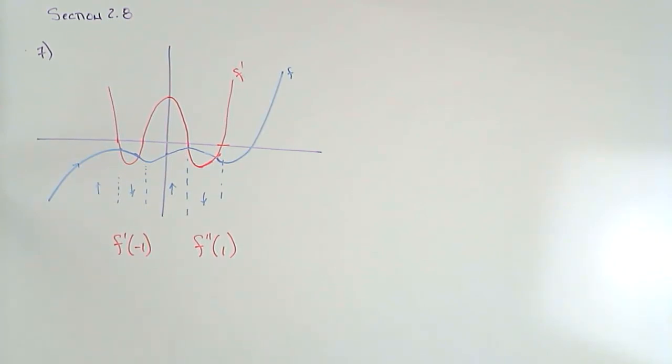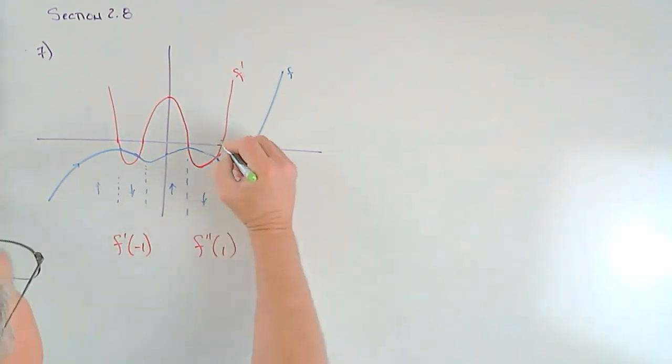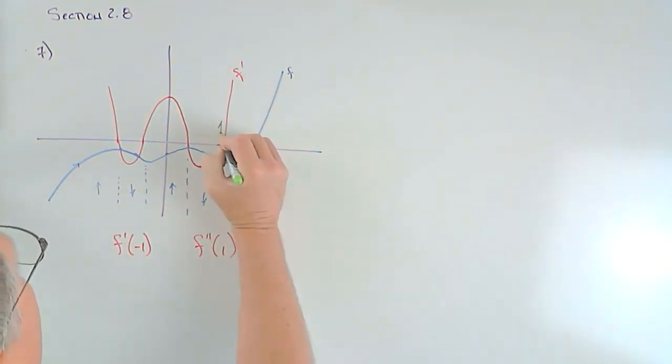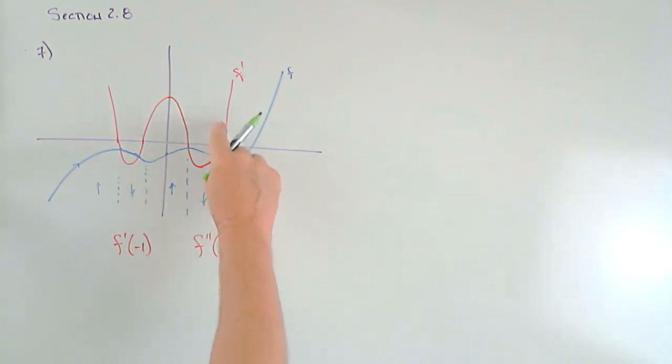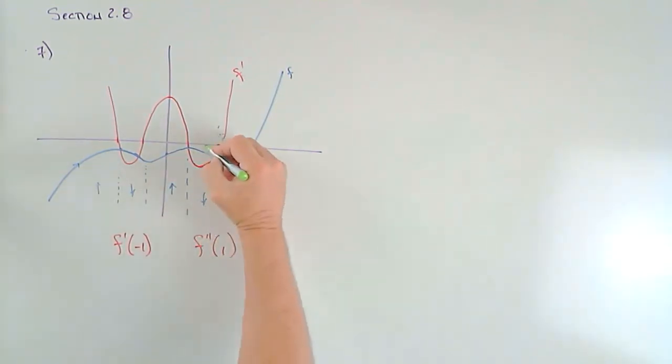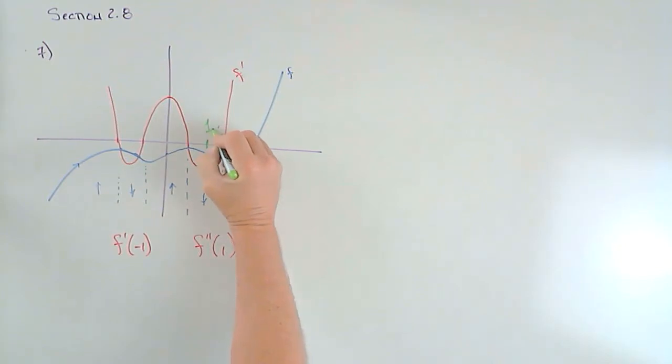Now, we have hash marks on our graph, and 1 is right here, right? That's 1. And -1, oh, I'm sorry, that's not 1. On the graph, the point 1 is located here. And the point -1 is located here.